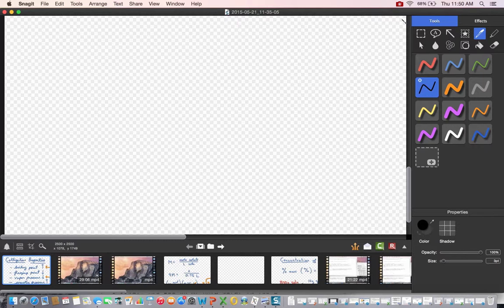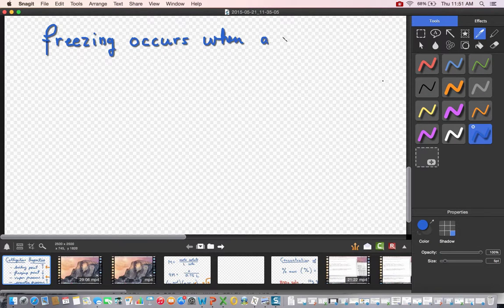Now let's talk about freezing point. When a solvent begins to freeze, it's important to understand that this freezing occurs when a lattice, and this lattice is a three-dimensional array of crystals, begins to form.